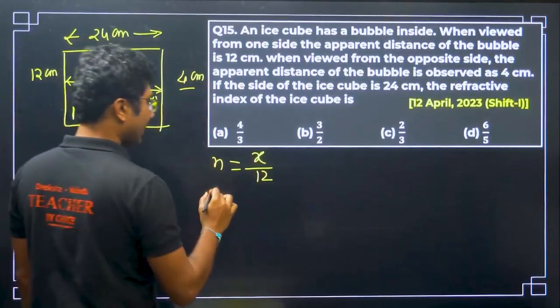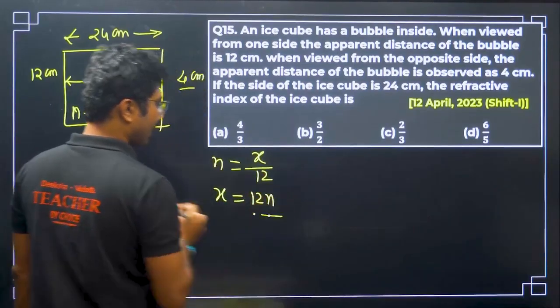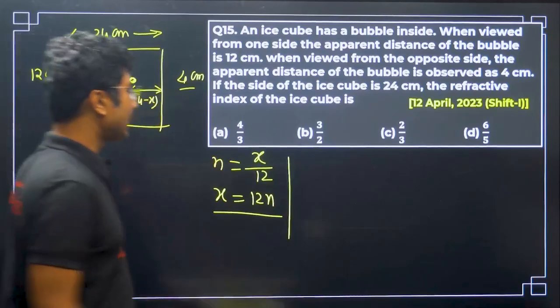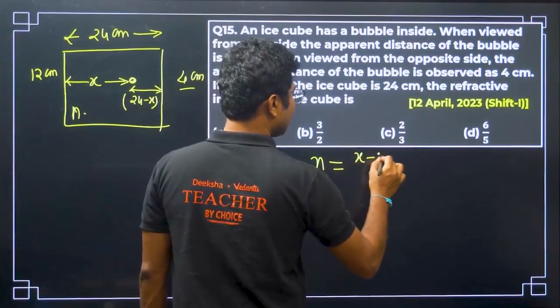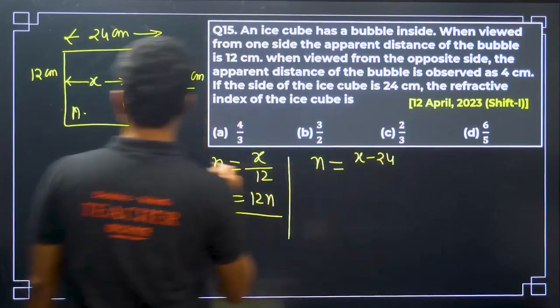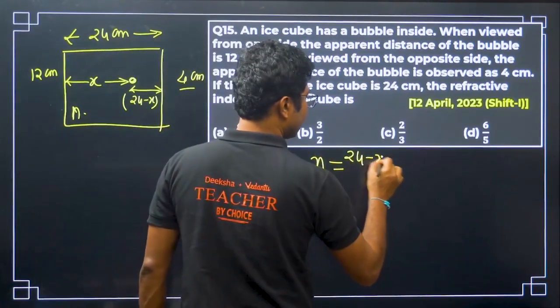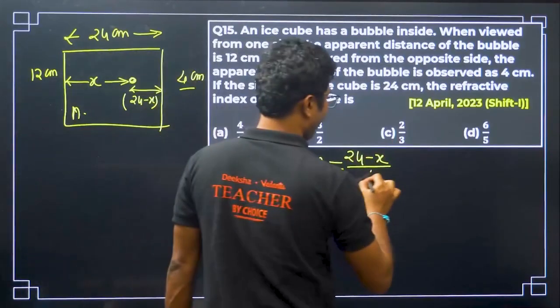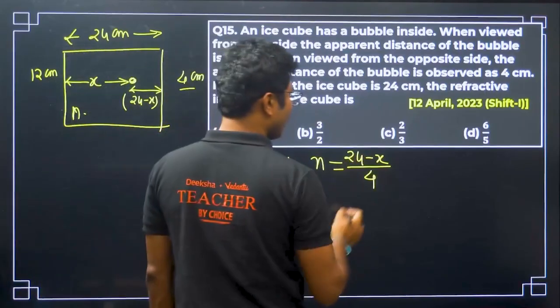From here we can get x equals 12n. Now same formula will apply for the other side as well. n equals 24 minus x divided by the apparent distance 4. Now we know that x is 12n, so put that value over here.